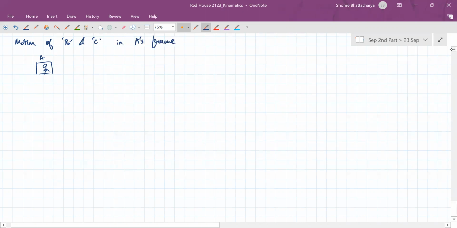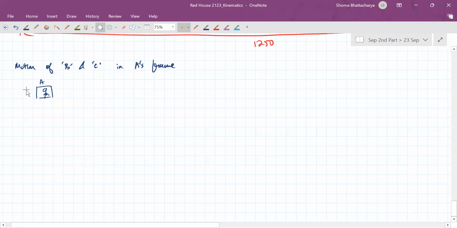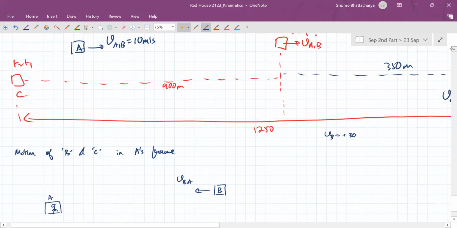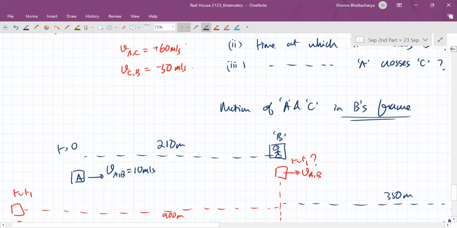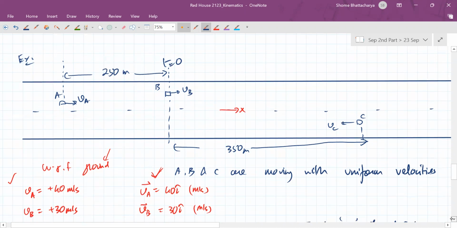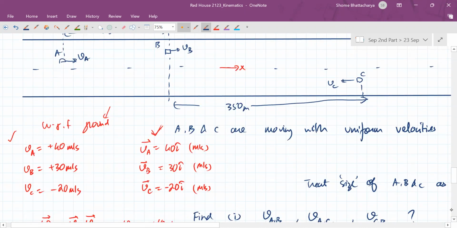Now this is going to be very interesting because while A is moving, with respect to A, what kind of velocity is B having? B will be having a negative velocity with respect to A. V of B with respect to A. Remember, VB was plus 30.